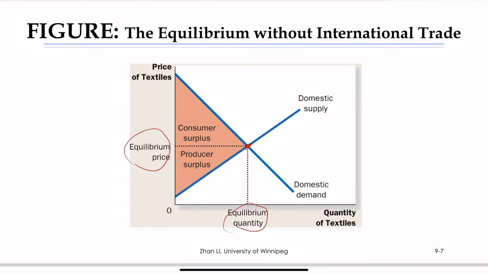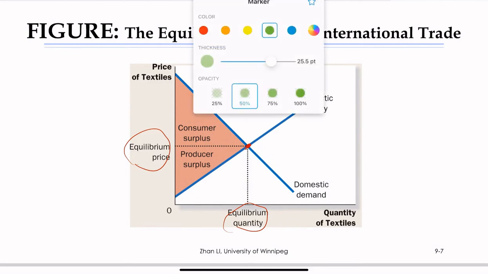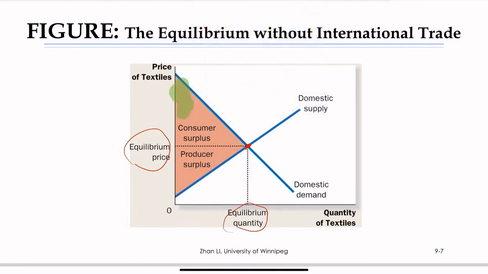And you should also be able to find the consumer surplus and producer surplus. So let me remind you, the consumer surplus is the area between the demand curve and the price. And the producer surplus is the area between the price and the supply curve. So for consumer surplus, you're looking at this top triangle, right? And for producer surplus, you're looking at this bottom triangle.